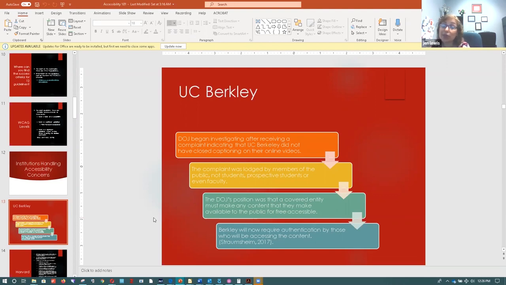So what they did is they moved all their content behind a firewall and said, we were providing this free to the general world because it was all on YouTube, so now we're going to move it out of YouTube and put it behind a firewall where you have to log in, so you can't get to it and we're not exposed. Short term, they haven't had any big issues, but long term, that's not going to be acceptable. The solution cannot be that. They're still struggling to come up with a solution and make things more accessible.